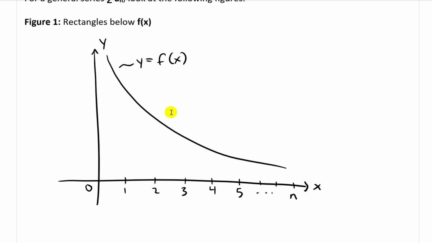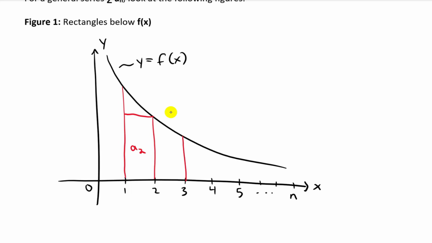Alright, so we're going to draw below the curve, and I'm going to draw this in red. What that means is we're going to look at this rectangle across here. This is going to be our A2, so when we have below, it's A2, and this will be to the left of it.